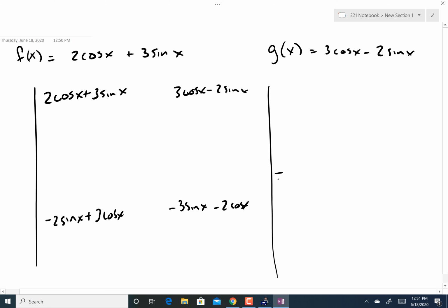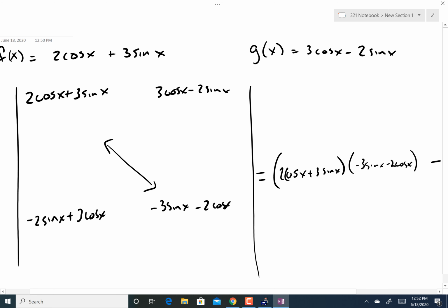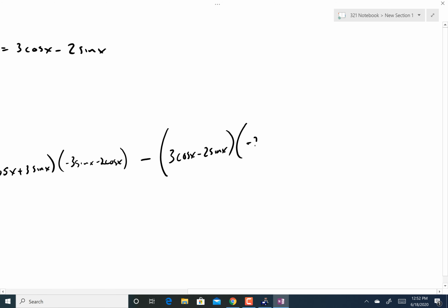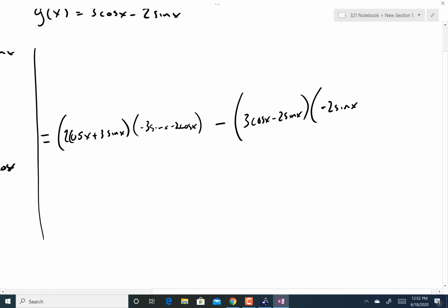So if you take the determinant, it's going to be this guy times this guy, minus, minus 2 sine plus 3 cosine.